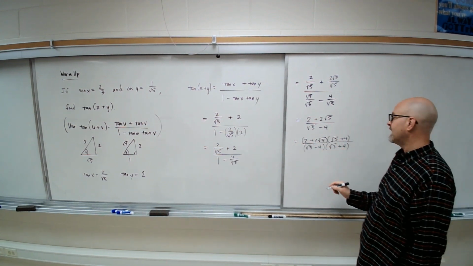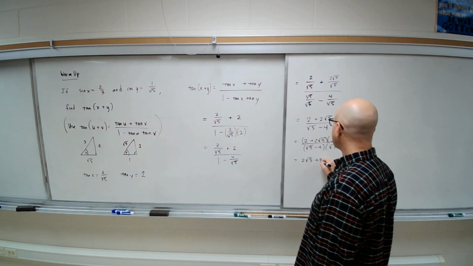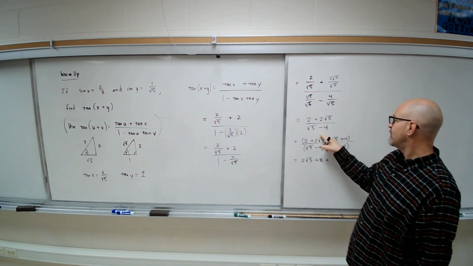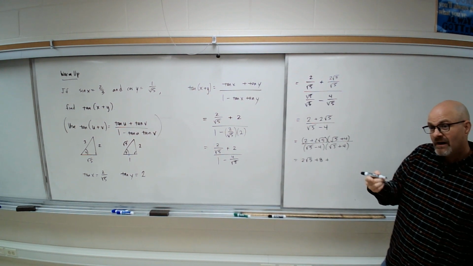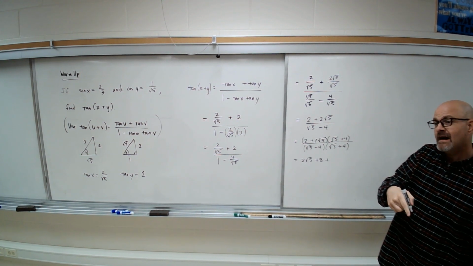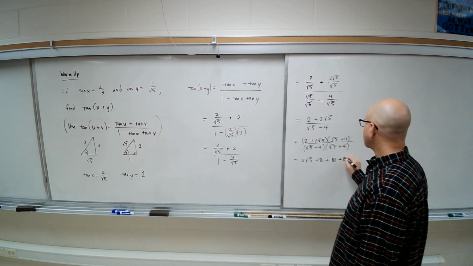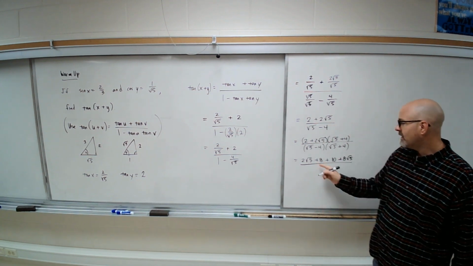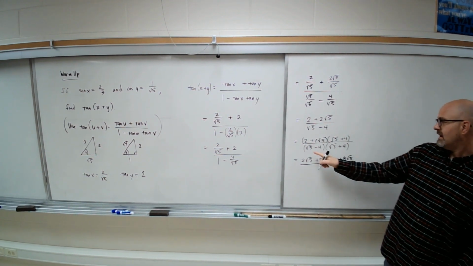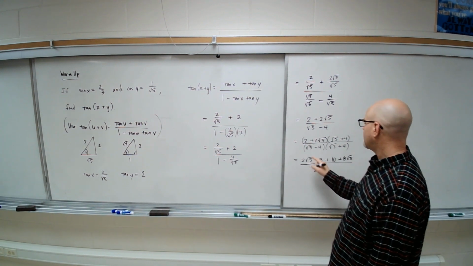So up top, we're going to get 2 radical 5 plus 8. Now, 2 radical 5 times radical 5 will just become 10, right? Radical 5 times radical 5 is 5, times 2 is 10, and then plus 8 radical 5. Now on bottom, we'll get radical 5 times radical 5, which is 5.